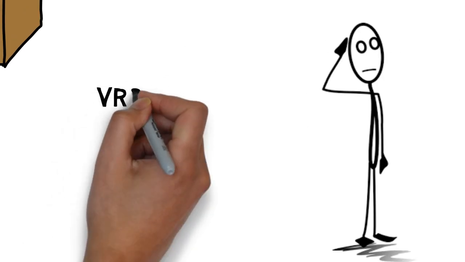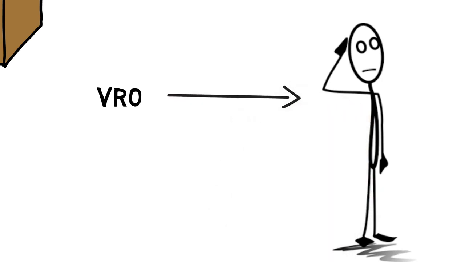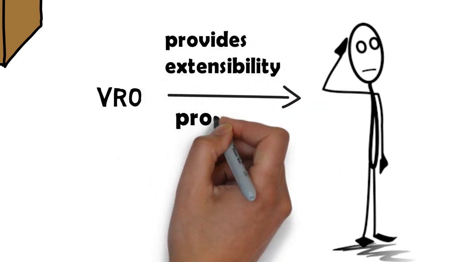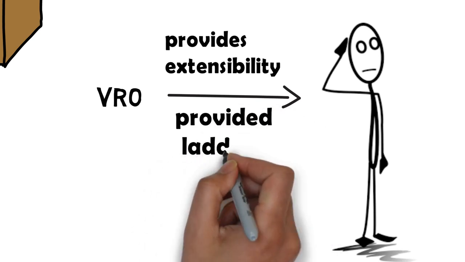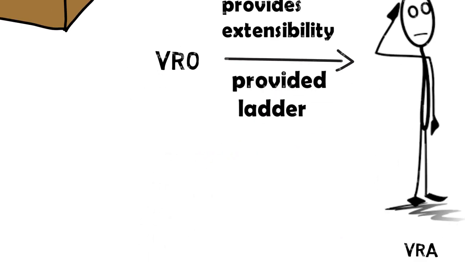VRO is the one that provides VRA with such extensibility so that it can perform customized tasks by executing custom workflows. So basically, VRO is the one that provided our guy with the ladder so that it can reach much more than what was initially possible.